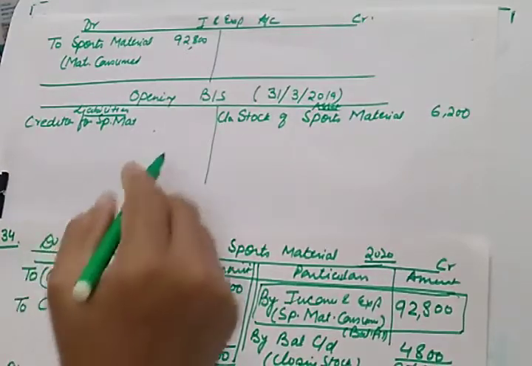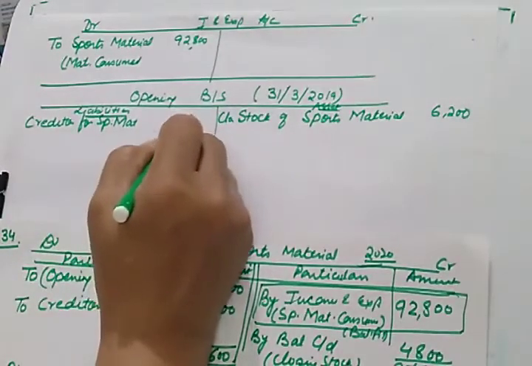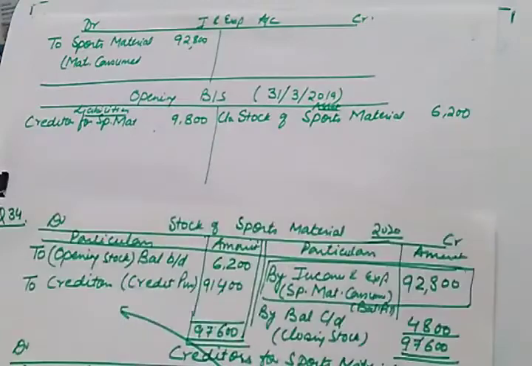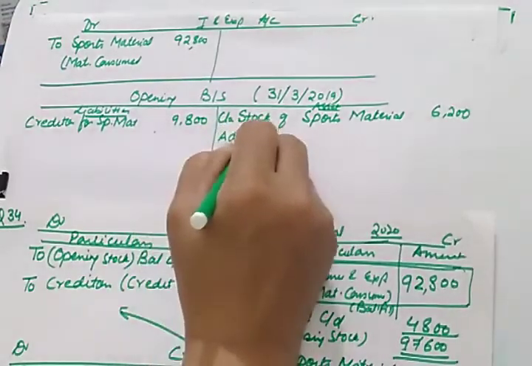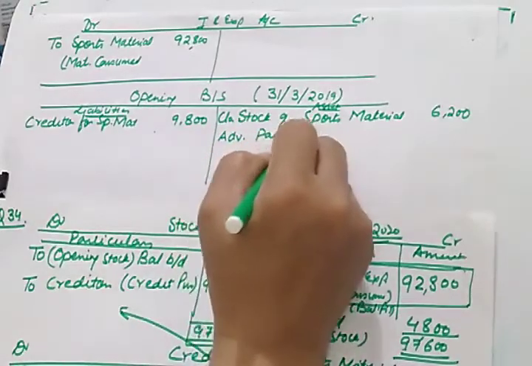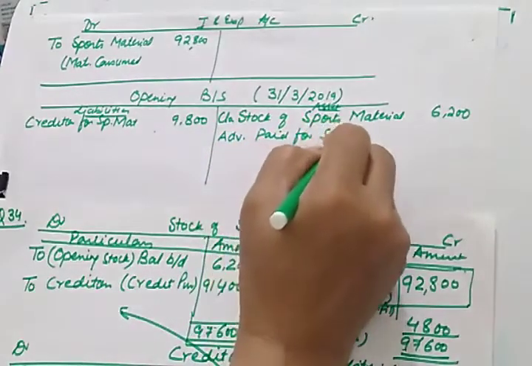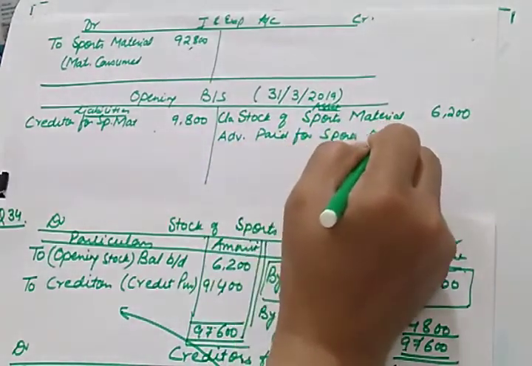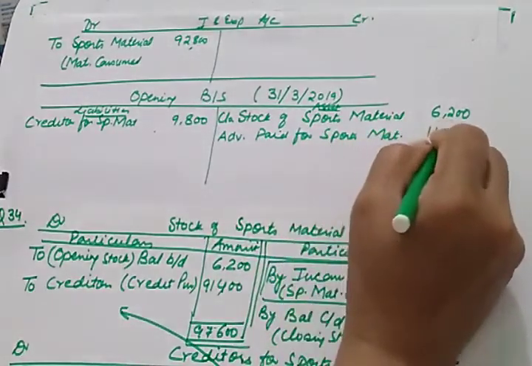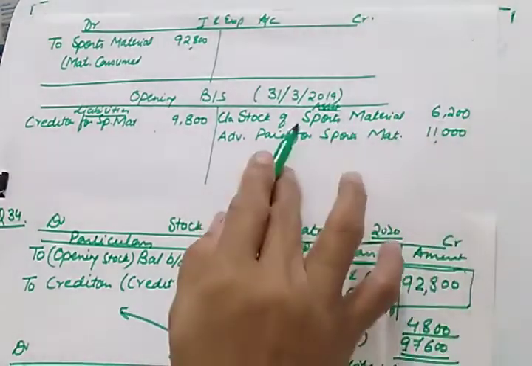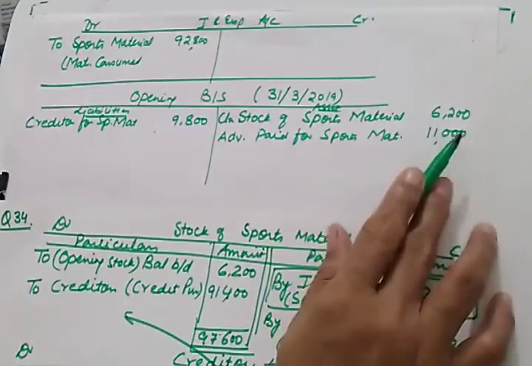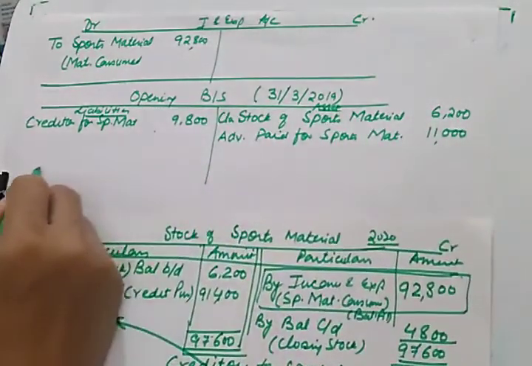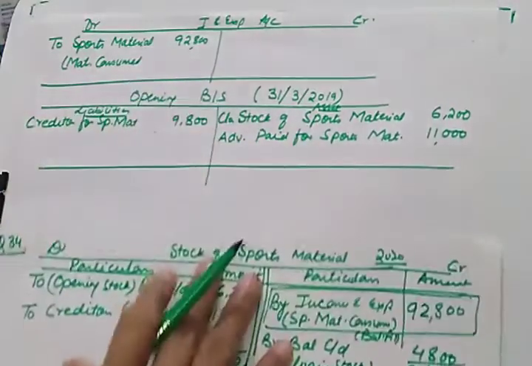So creditors are 9,800. Then advance paid, where will you write this advance paid? On the asset side, advance paid for sports material. In the beginning it is 11,000. Not in the end, for this year it is end, but in next year in 2020 this will become beginning. So this is how details are shown in the opening balance sheet.